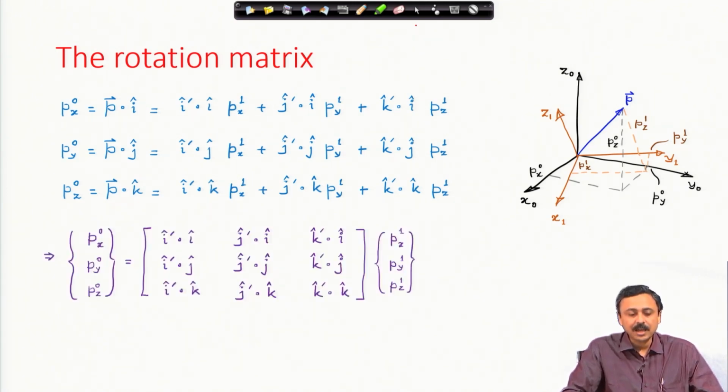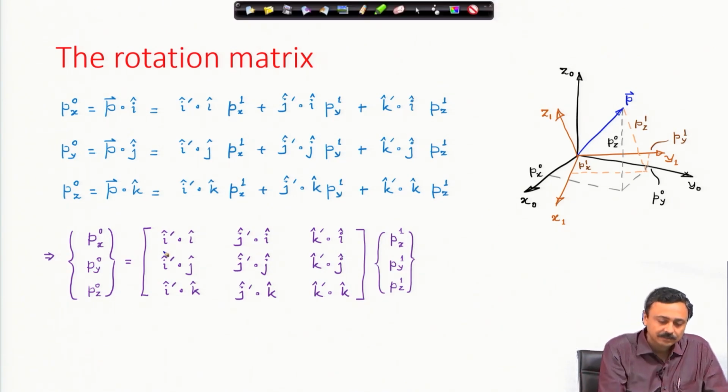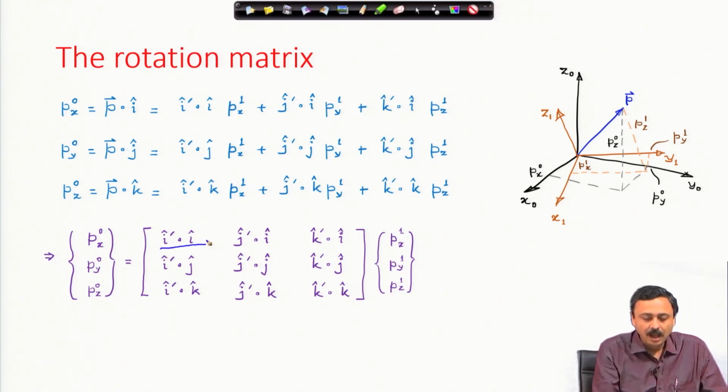Therefore, the left hand side I can write as a column vector p x 0, p y 0, p z 0, and the right hand side I can pull out p x 1, p y 1, p z 1 and write it as a column vector multiplied by this matrix. And what is this matrix? Let us look at this term i prime dot i.